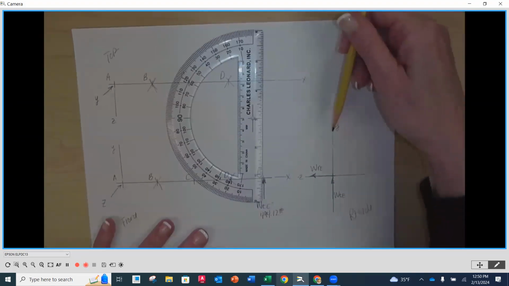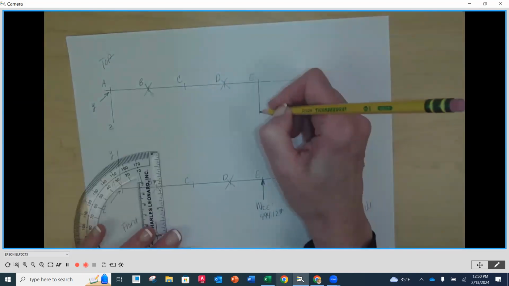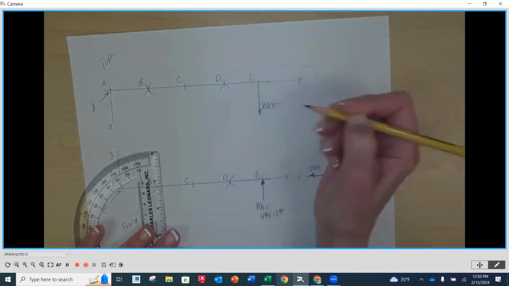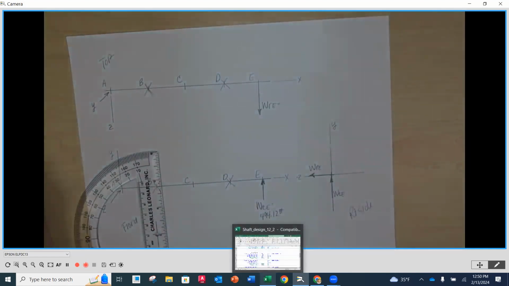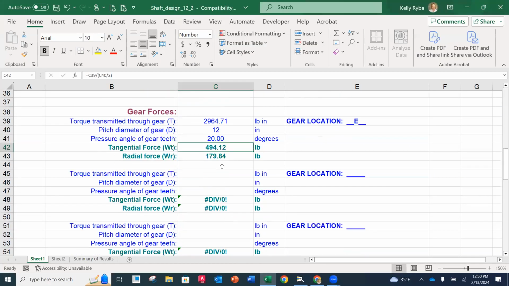You've got to look down on it. Here's your top view, right? So you've got to look down on it. It's going to be going down. This is my WRE, and that magnitude comes from the radial, 179.84 pounds.